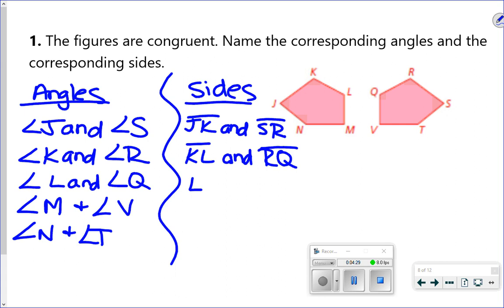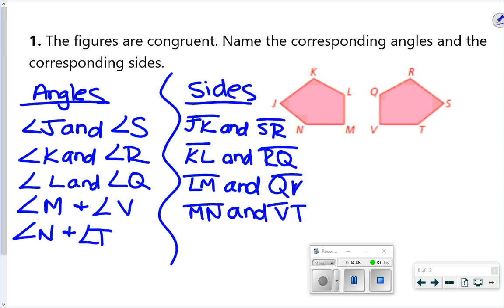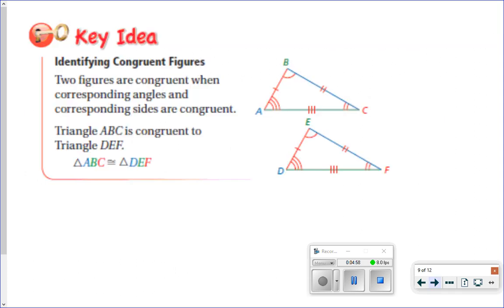Then I have LM and QV that correspond. MN and VT that correspond. And finally, we have NJ and TS that correspond.